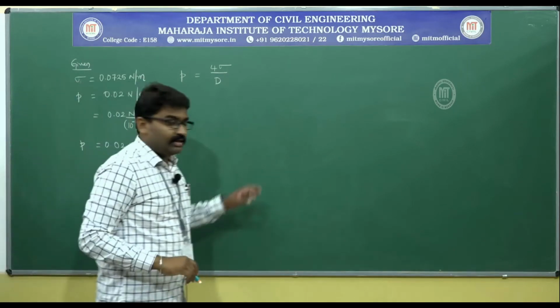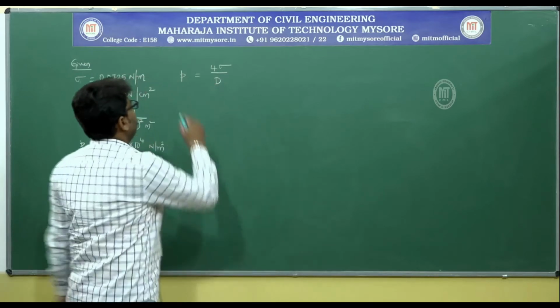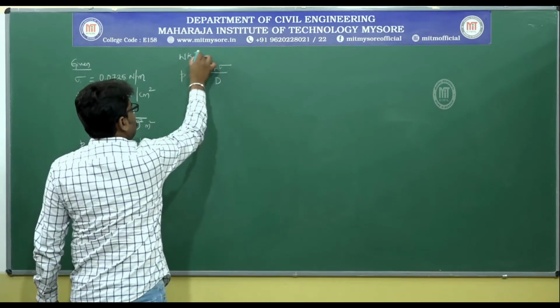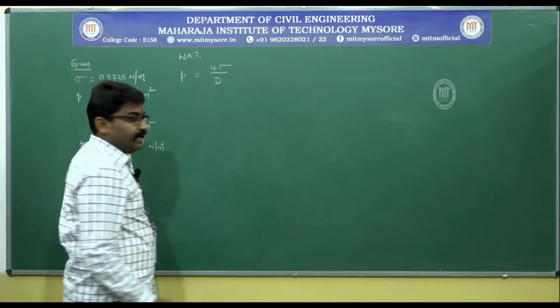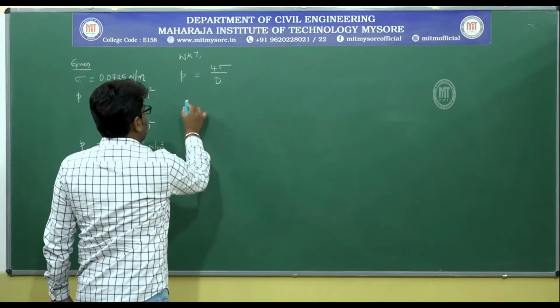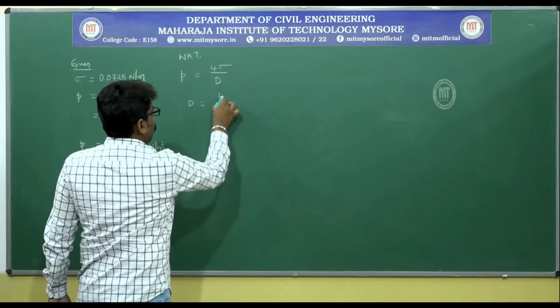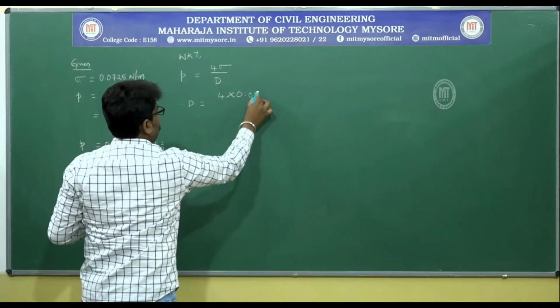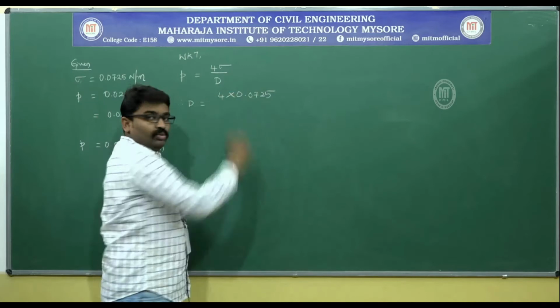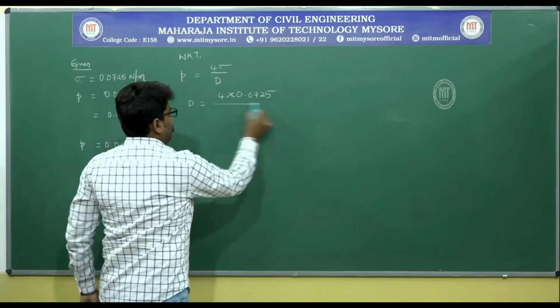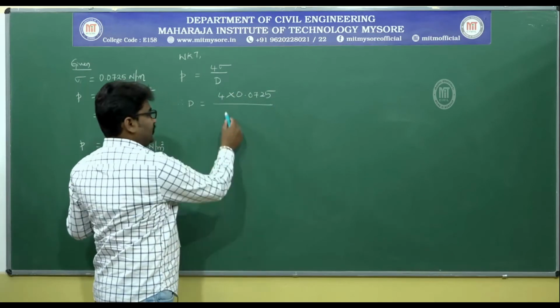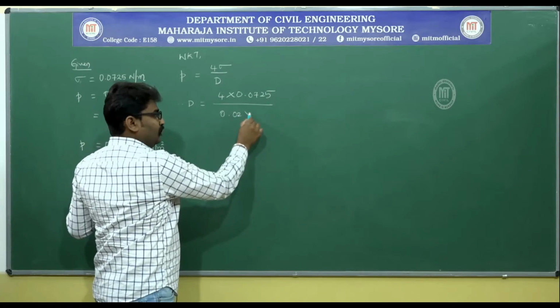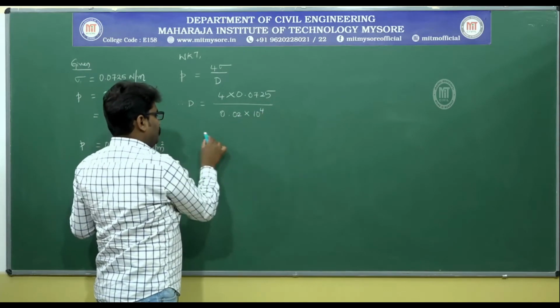If you just substitute in the equation that we know, you will get the solution. We know that P is equal to 4 sigma by d. So diameter must be equal to 4 into sigma, 0.0725, divided by the pressure. Pressure is 0.02 into 10 power 4.